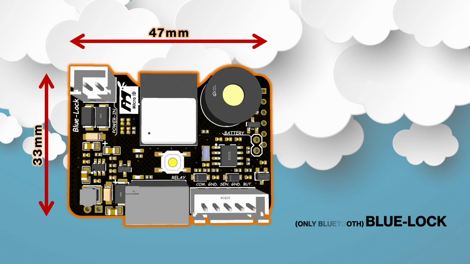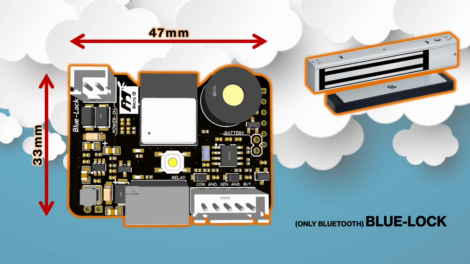This is our latest product, known as Blue Lock. Blue Lock stands for Bluetooth Lock. This board is small enough that we can fit it inside an EM lock. In normal cases, we have EM locks, so we can fit this entire board into this small area here in the EM lock.